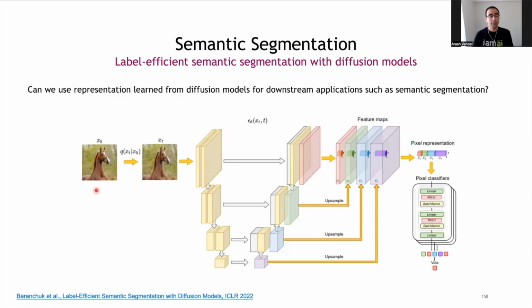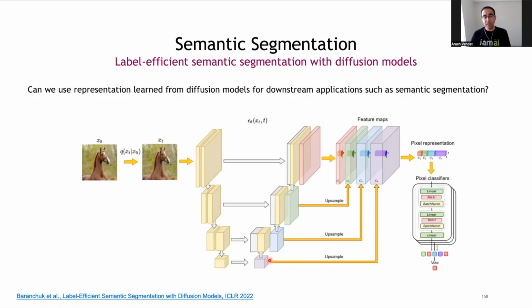The authors propose to take an input image and diffuse it by following the forward diffusion process. They only go a small number of steps in the forward diffusion, which corresponds to adding just a bit of noise into the input image. Then they pass this diffused image to the denoising diffusion model, the UNet model, the epsilon prediction model, and they extract the internal representations in this UNet at different resolutions of the UNet decoder.